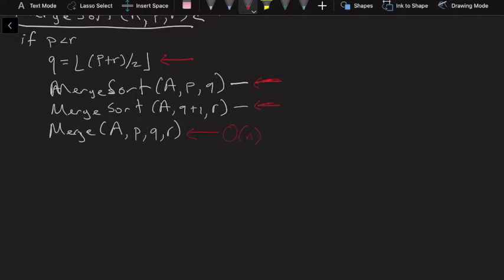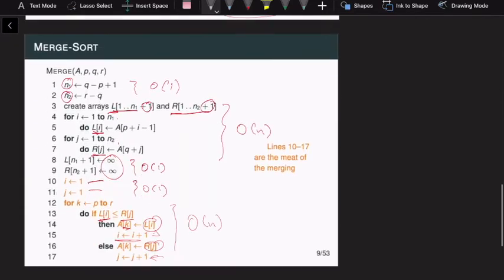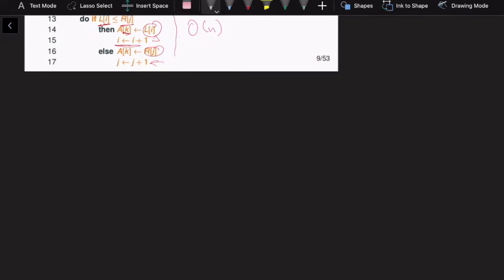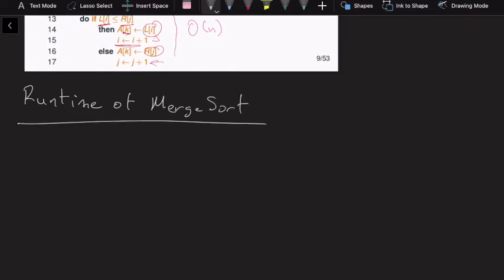The way we're going to analyze this, and this is the way we're going to analyze most of our divide and conquer algorithms, is we're going to set up a recursion. So for the runtime of MergeSort, we're going to say, how long does the whole thing take?